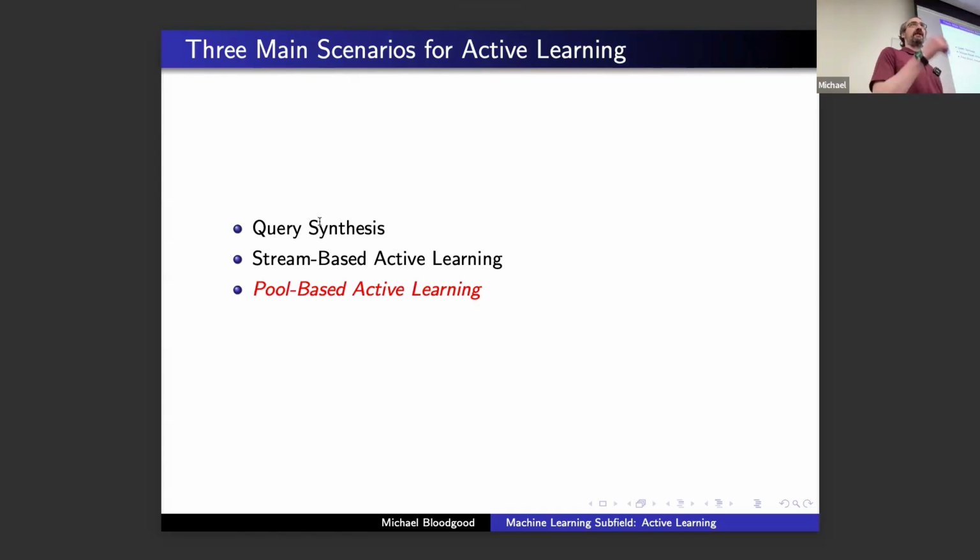And for each one, the machine has to decide yes or no: give me a label or don't give me a label. And then the last one, which I highlighted in red and italics, is pool-based active learning. That's probably the most common scenario of the three, and it's the one that I'm going to focus on in this talk.